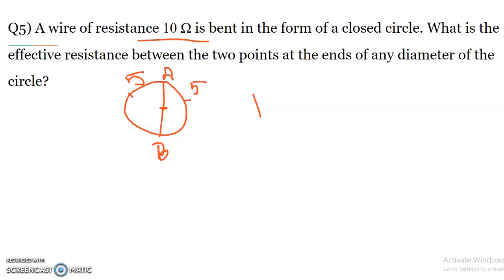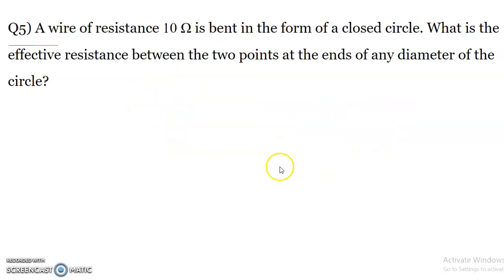So we simply write 1 by Rp is equal to 1 by 5 plus 1 by 5. So on finding Rp, this way we'll get it as 2.5.